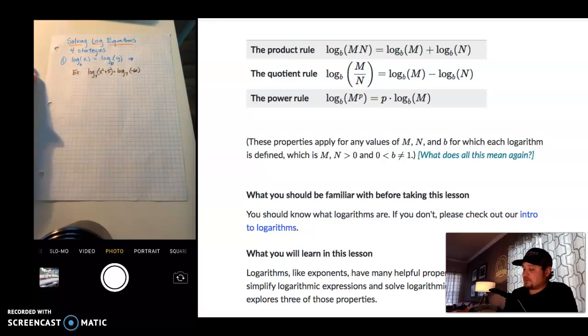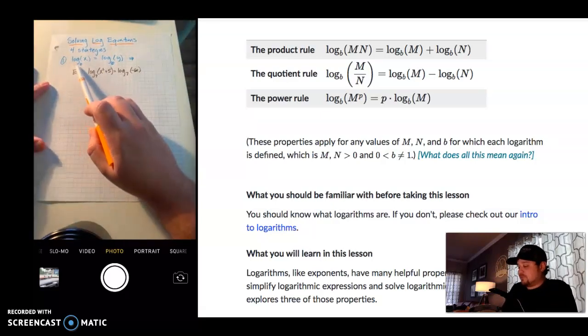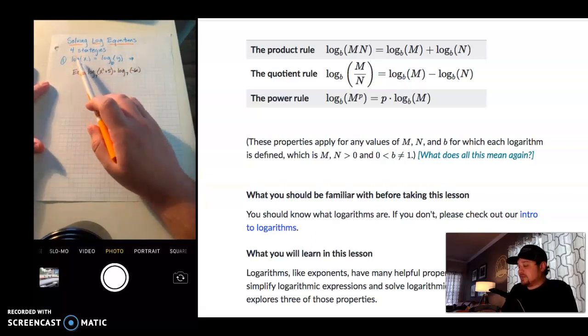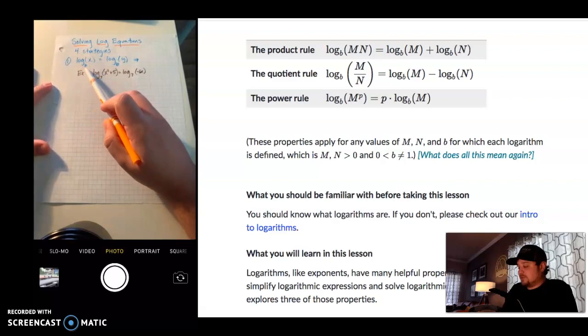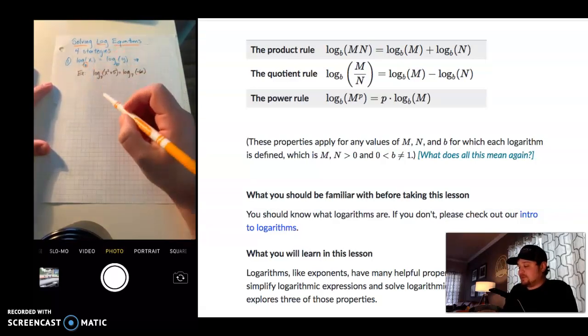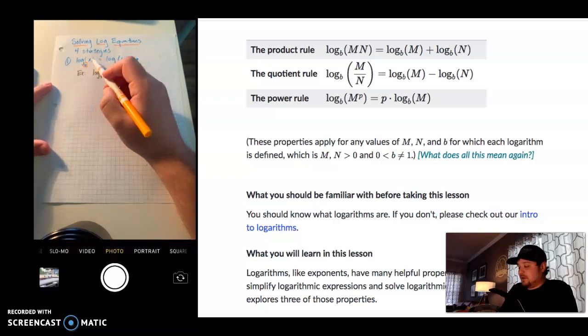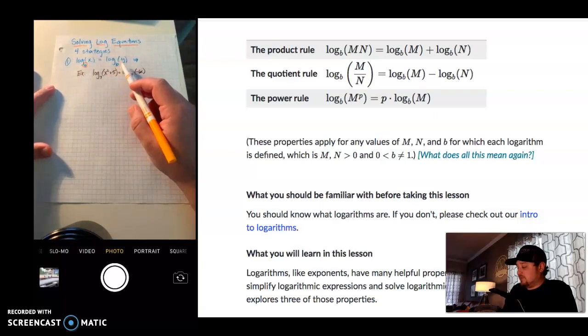So the first strategy that we can use in a log equation is where both sides of the equation are logs with the same base. So you can see that here I've got log with a base of b of x is equal to log with a base of b of y.